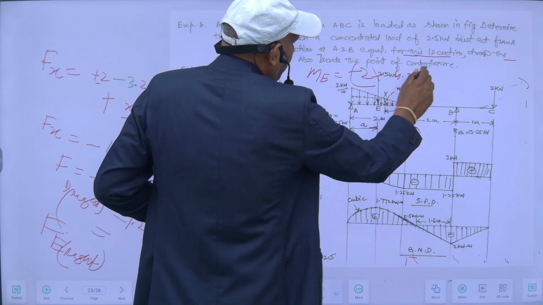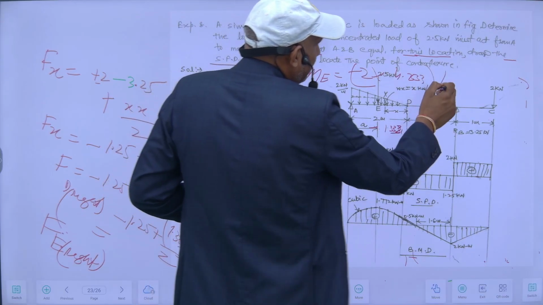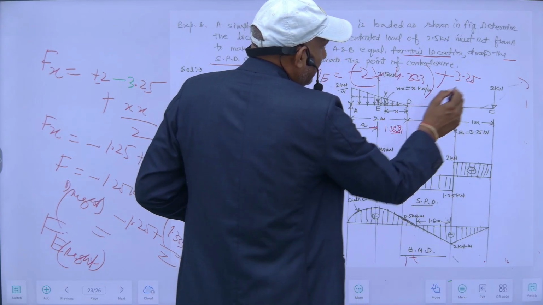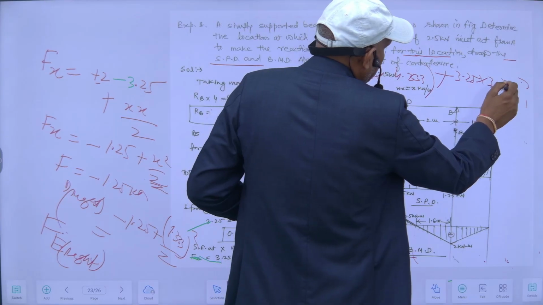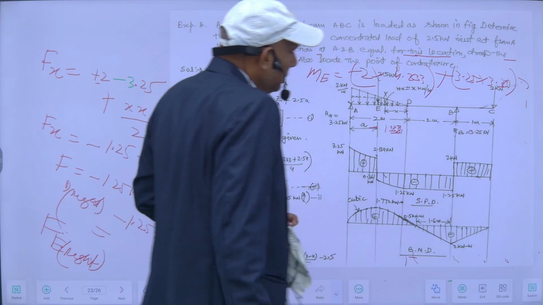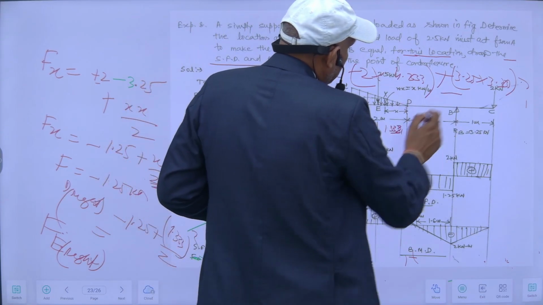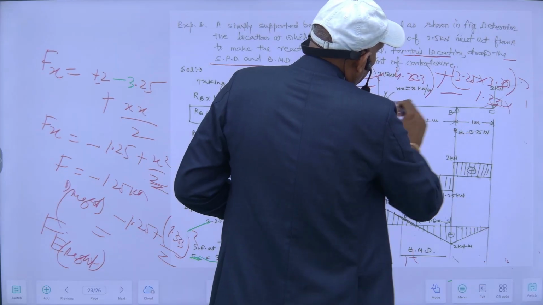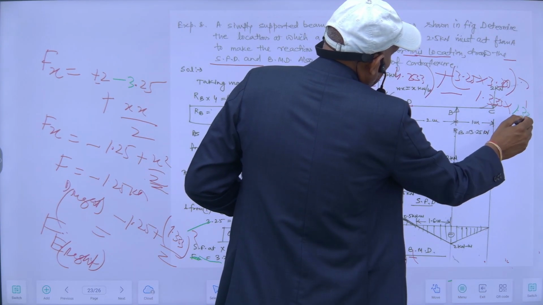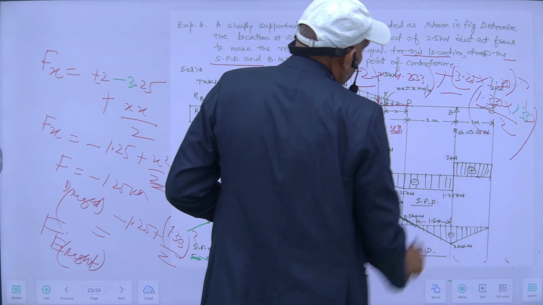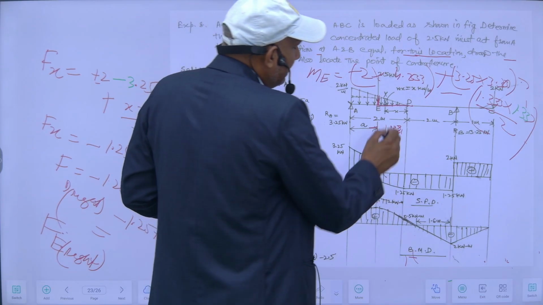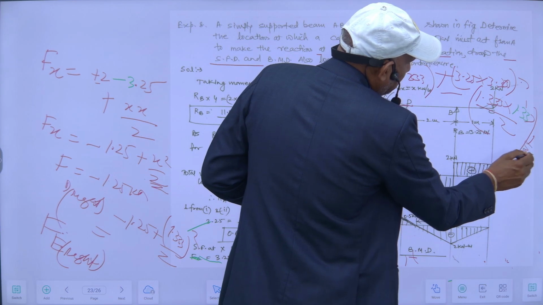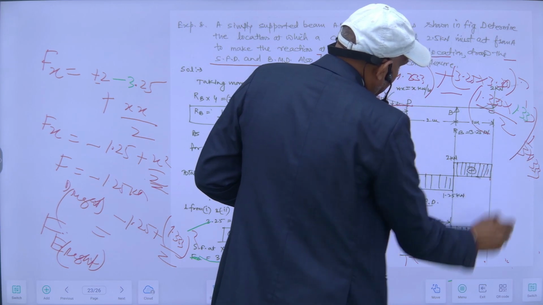This will be hogging, because this will be sagging, plus 3.25 into this distance will be 2 into this, so this will be 3.333, and this will be again minus 1.33 into 1.33, divided by 2, the area of the triangle, and this will act at 1 by 3 of this. So either way I can find the bending moment at this.